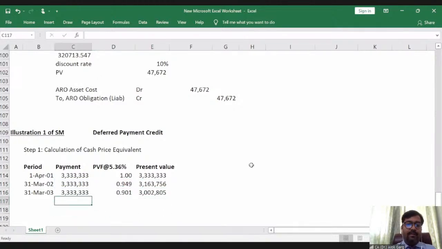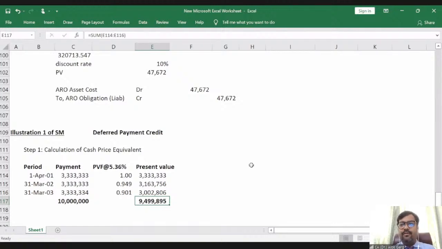So my total payment is coming out at 1 crore rupees, which is 10 million. And what is my present value? My present value is 94,99,895.